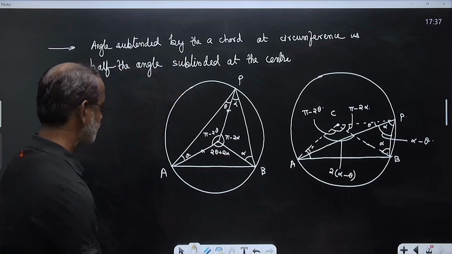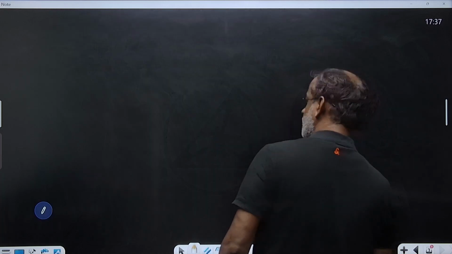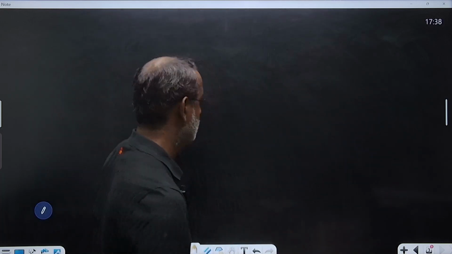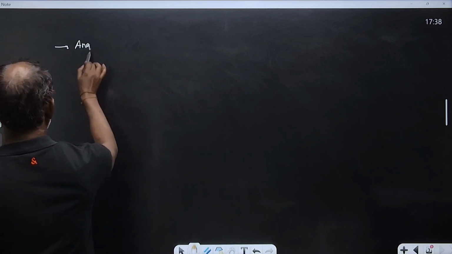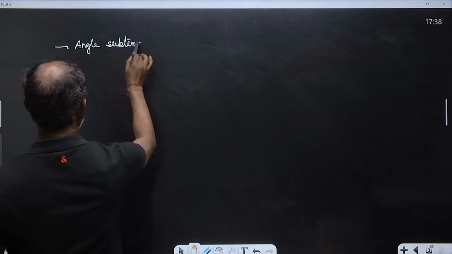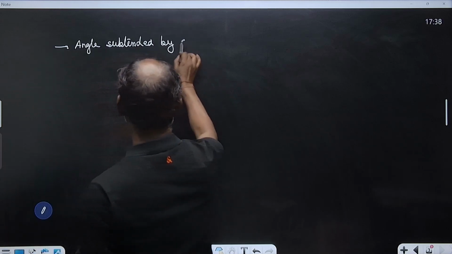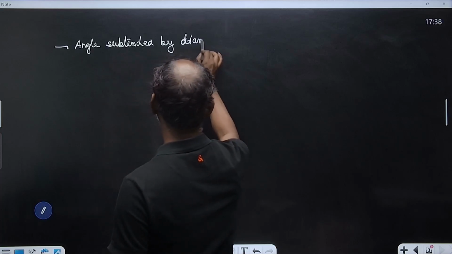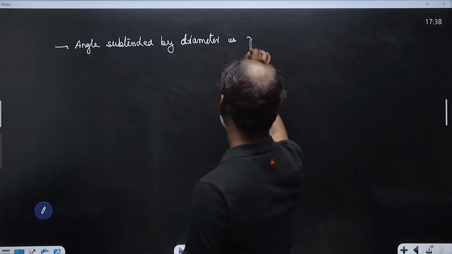Now moving ahead, this is a theorem that we very frequently use. As a consequence, we say the angle subtended by a diameter is a right angle.